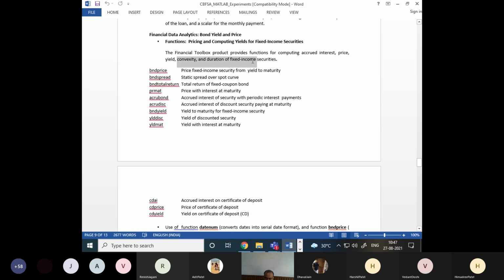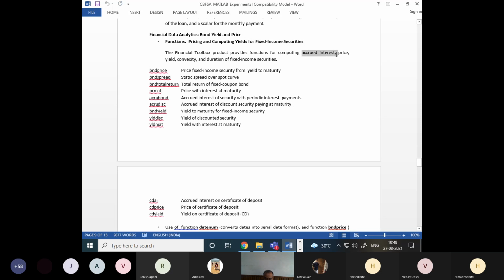There are functions to calculate the convexity and duration of the bond, but we are interested in the bond price and the yield. And the accrued interest, because a bond may have been issued in the past and you purchase it afterwards, so for that period there is accrued interest. Sometimes we need to know what accrued interest is, so this term is also very important.